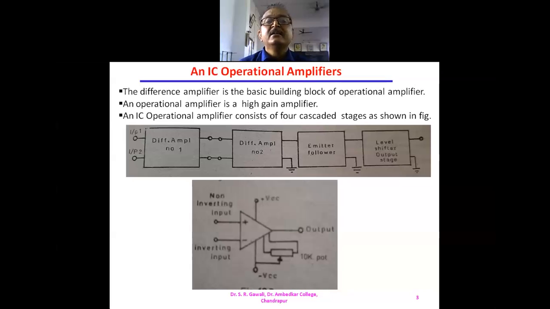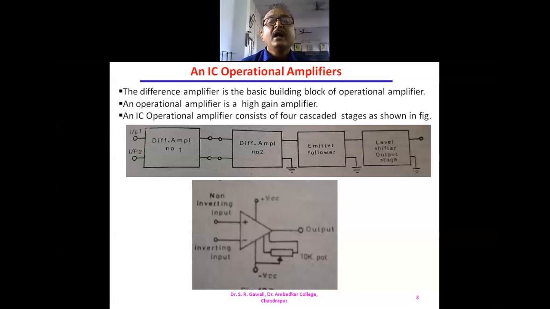Here the inputs of the first difference amplifier are taken as input 1 and input 2, IP1 and IP2. The outputs of the first difference amplifier, OP1 and OP2, are connected to the 2 input terminals of the second difference amplifier, and the output of the second difference amplifier is taken as a single ended output. The output of the first difference amplifier is double ended, meaning both the outputs are used.